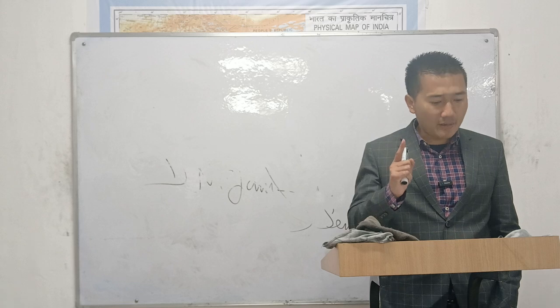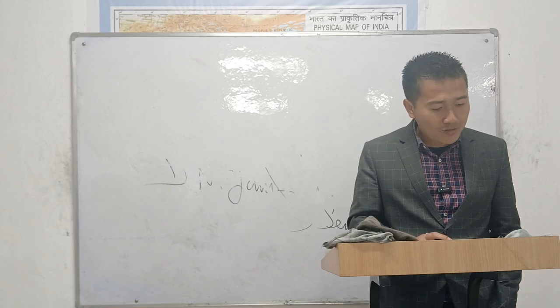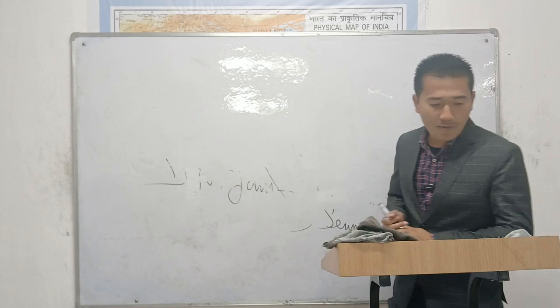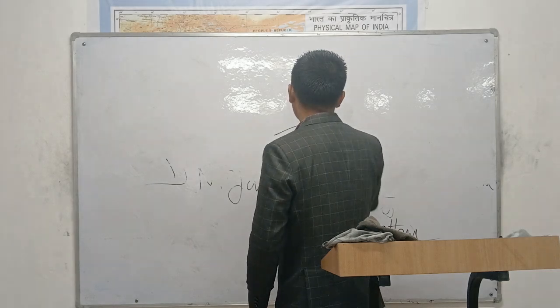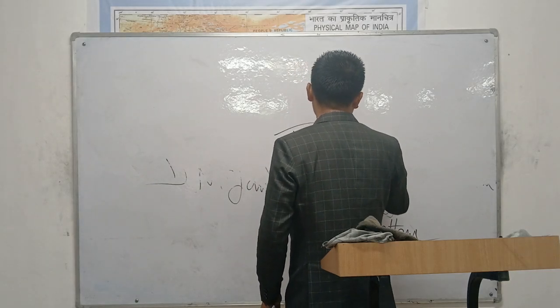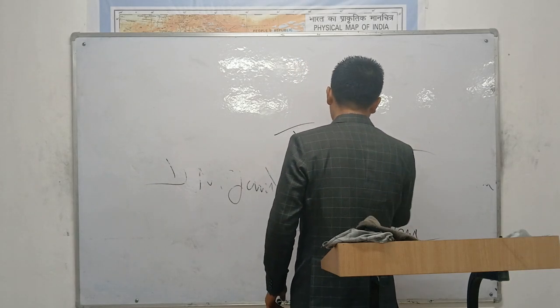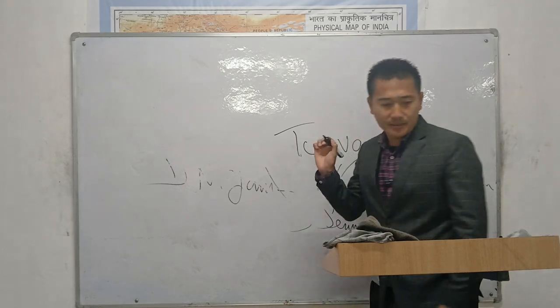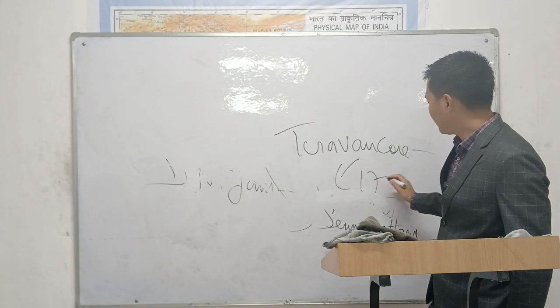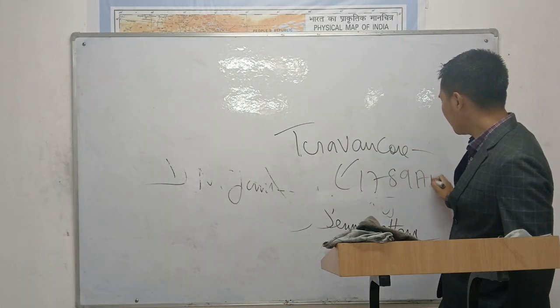The war occurred because of only one reason. Tipu Sultan, the son of Hyder Ali, attacked the ruler of Travancore.